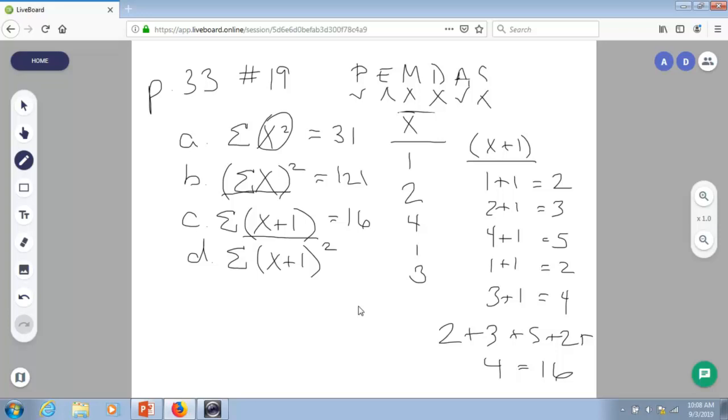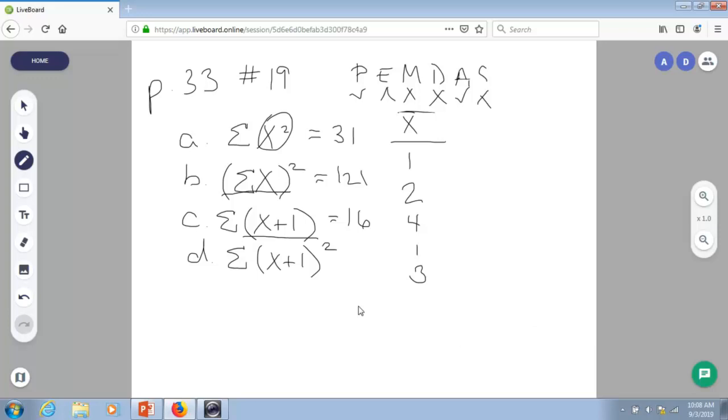All right, finally, subproblem D. Let's tackle that. In subproblem D, do we have parentheses that we need to take care of? The answer is yes, right? So we go x plus 1, and I just did this.